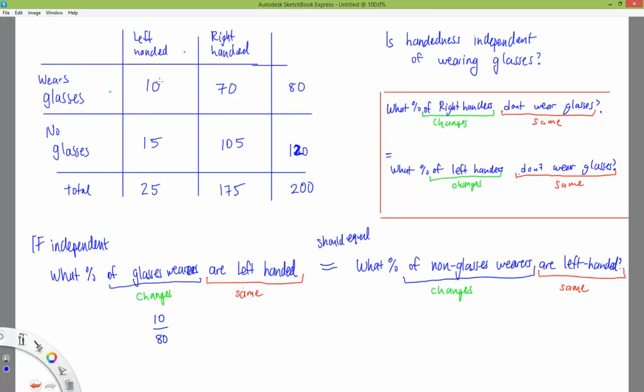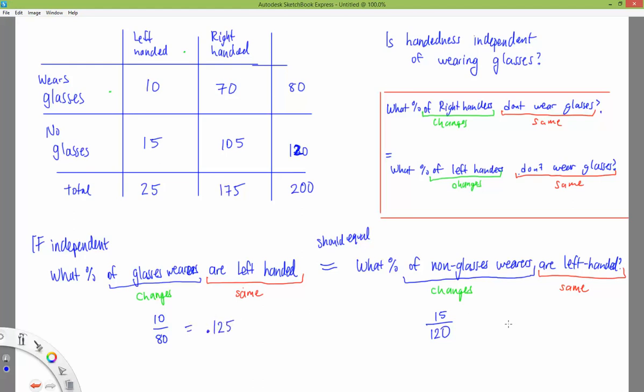And over here, what percentage of non-glasses wearers? We have a total of 120 people who don't wear glasses, and of those, 15 are left-handed. And so the answer here is 0.125, and the answer here is 0.125.